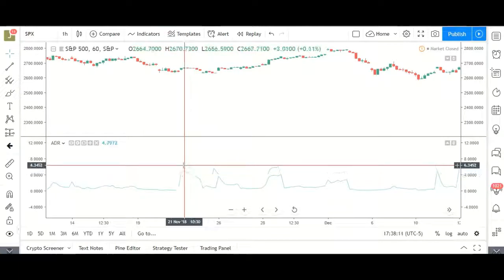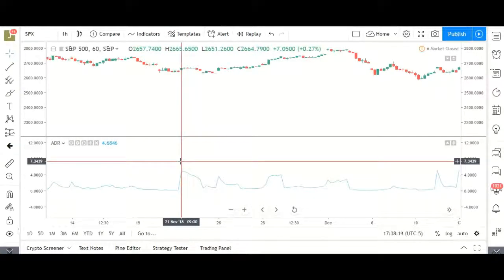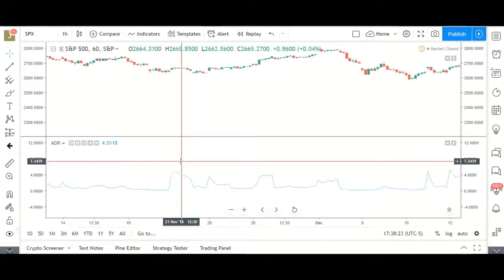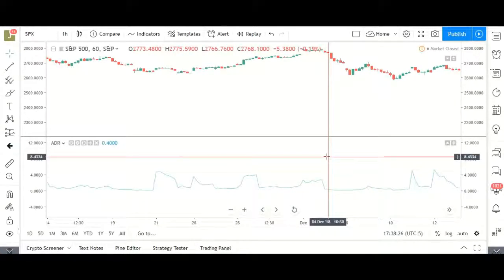So when it's going up, that means that more people are grabbing the stocks. It's a bullish movement when the advance decline ratio goes up, and when it's declining, it's a bearish movement.